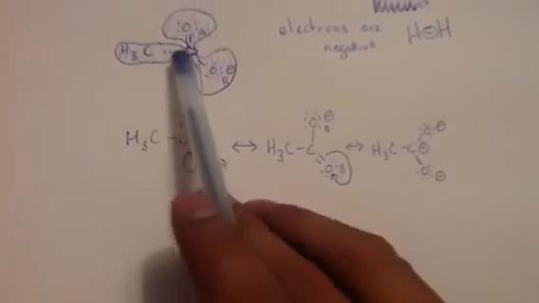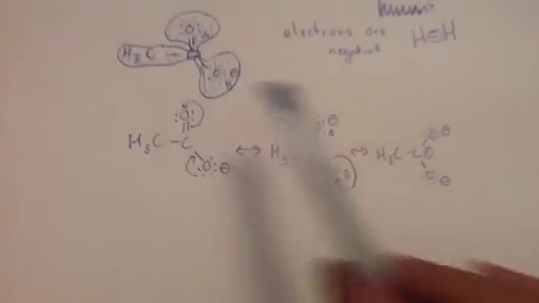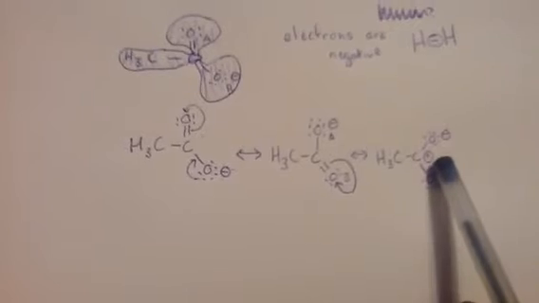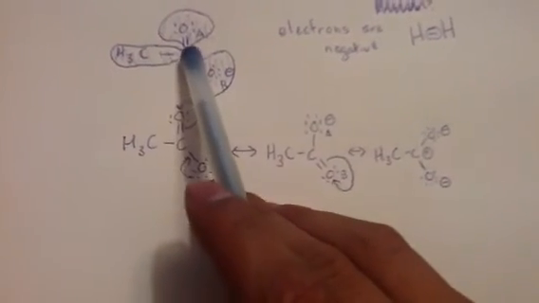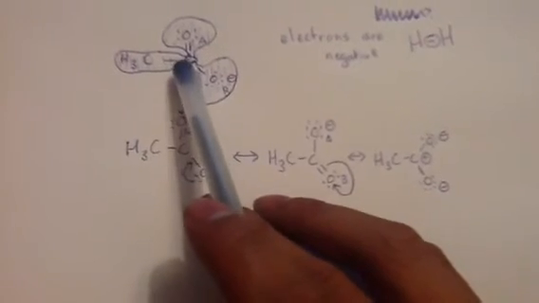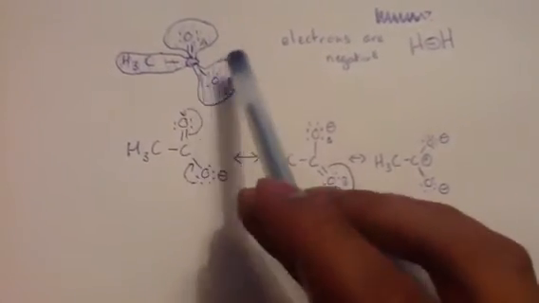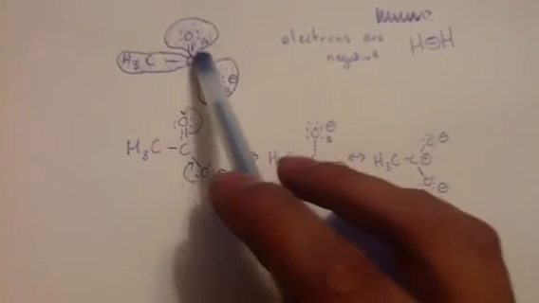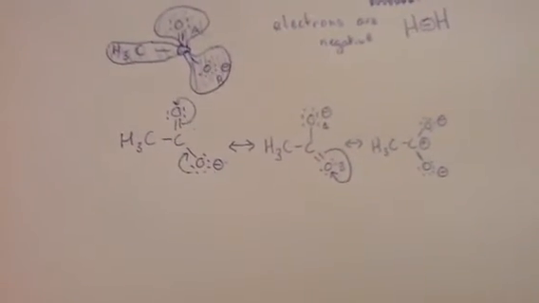Because if I had actually had a negative charge here that was equal to that positive charge, then this positive charge should have been really tiny. In fact, it should have probably been as small as these two are gigantic, but you can see that these are much bigger than the dearth of electrons around that carbon.